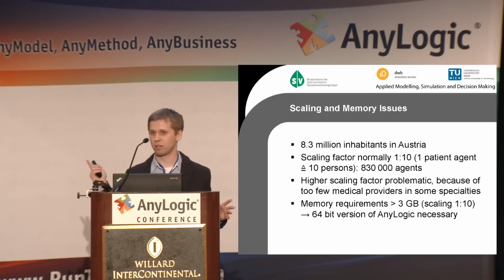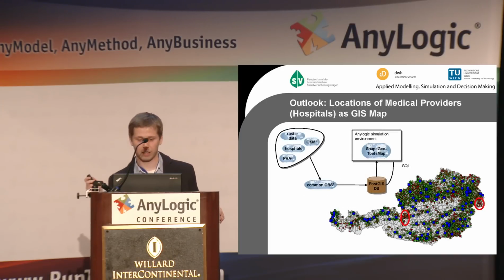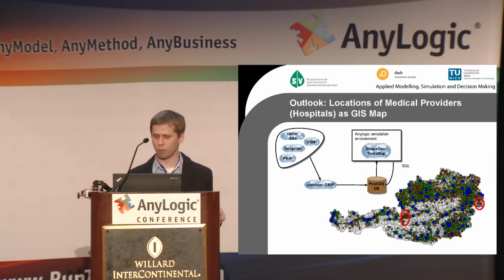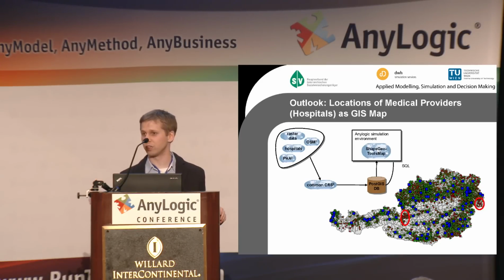We've also tried to incorporate GIS information into this model, but with different providers, because we took the hospitals for this. It was a thesis of a master's student. We just tried it so far, and he wrote another class for using PostGIS data in the model.